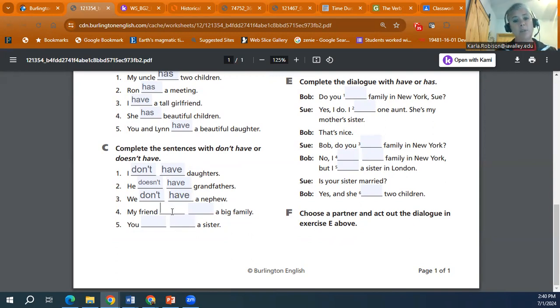My friend could be substituted for he or she, depending on who your friend is. So you're going to use doesn't. My friend doesn't have a big family. And again, now we have the pronoun you. And you doesn't match the same rule of doesn't, so you're going to use don't. You don't have a sister?